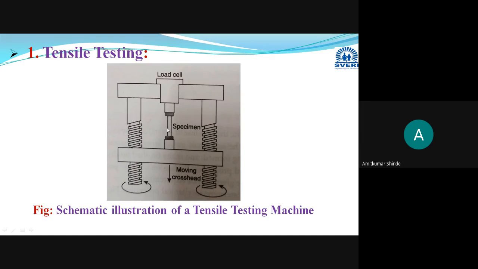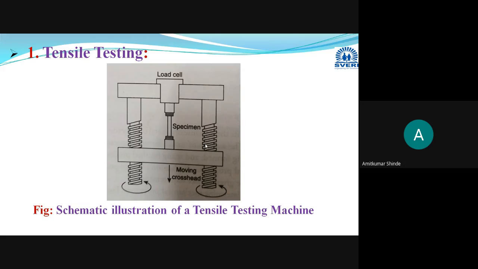Gradually you have to increase the load. Suppose first you have taken the load as x, then for the corresponding load, you have to measure whichever changes in the length or changes in the diameter are there.